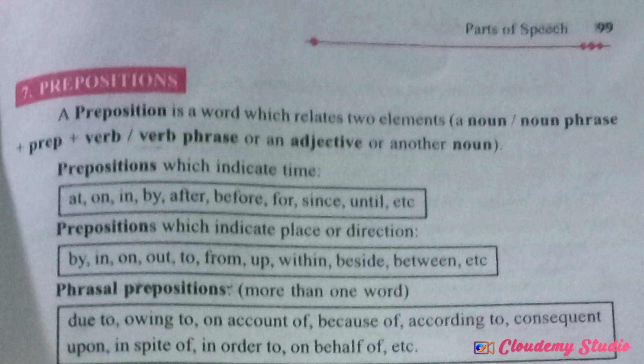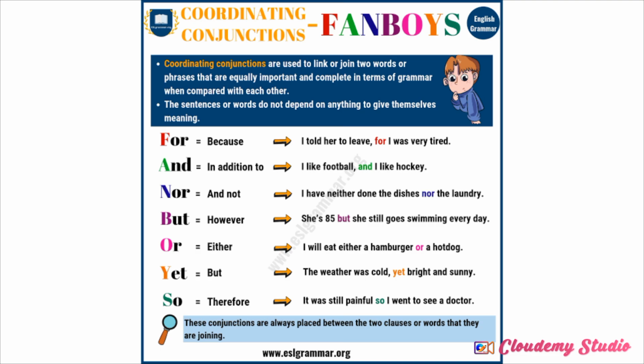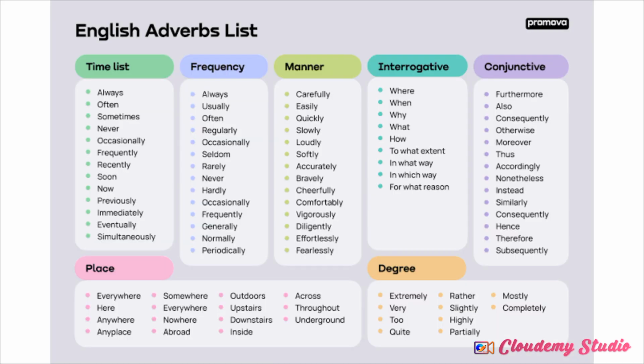For example, I am going to office at 8 in the morning. Here I am mentioning the particular timing of my office. For showing the time, I will use the word at. So, at will be considered as a preposition.